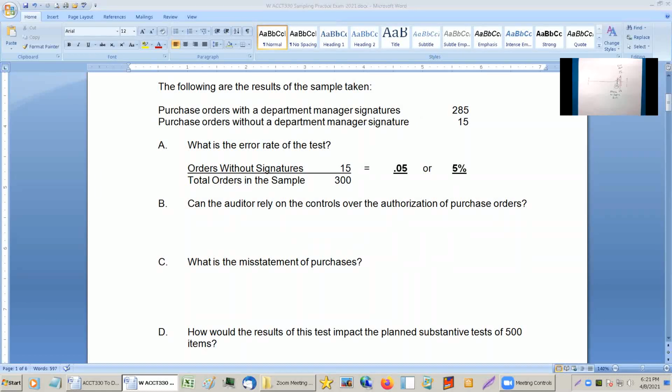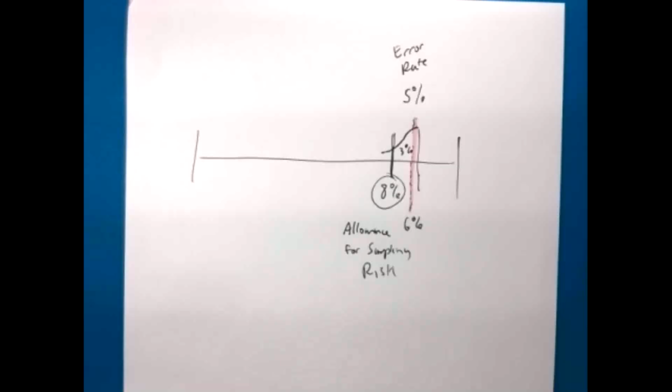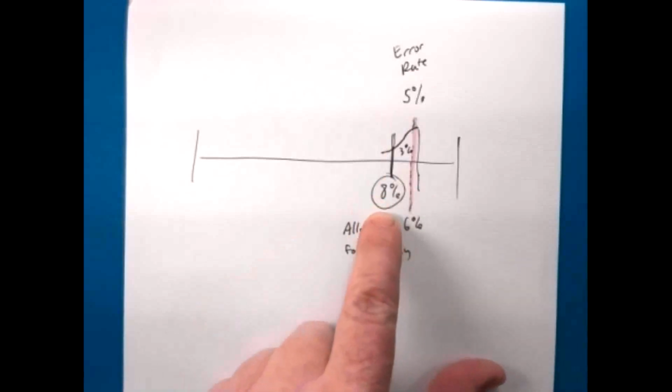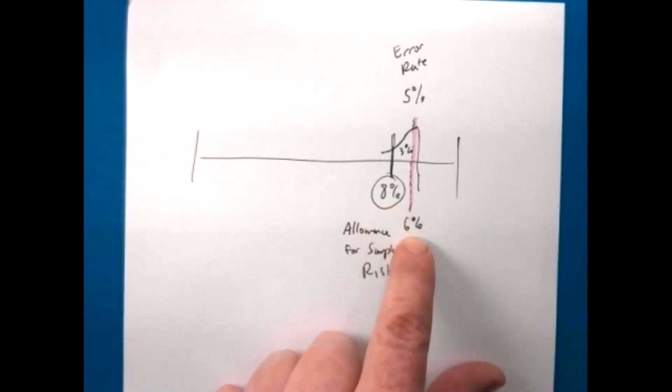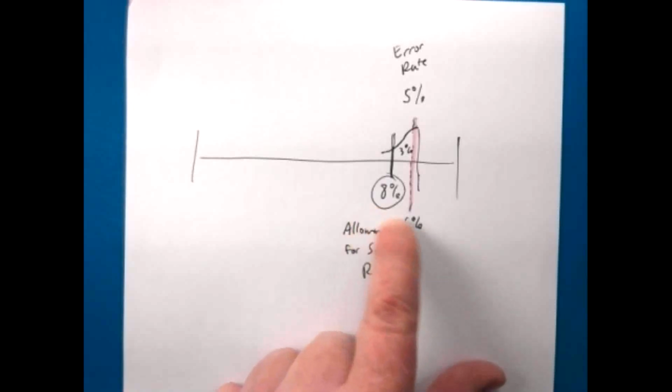Actually, we're not. The reason we're not going to do it is that, according to our sample, it could be off by as much as 8%. Even though this is our best estimate, we could be off by up to 8% based on our sample. So if we need 6% to rely on the internal controls, we can't do it.